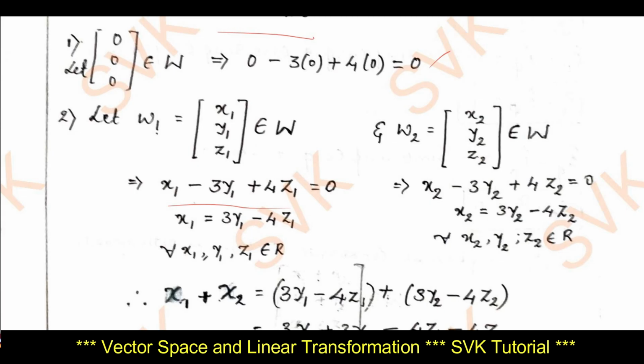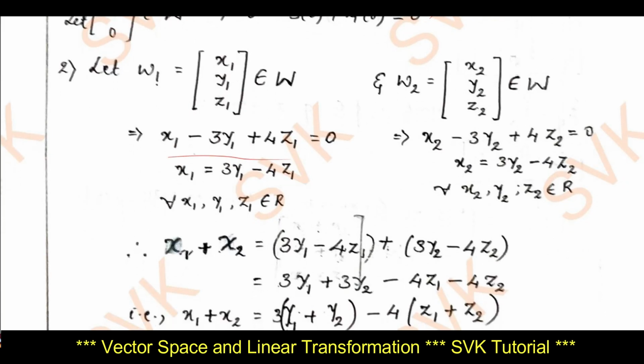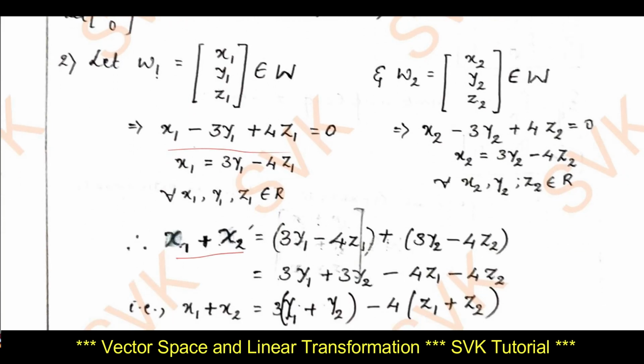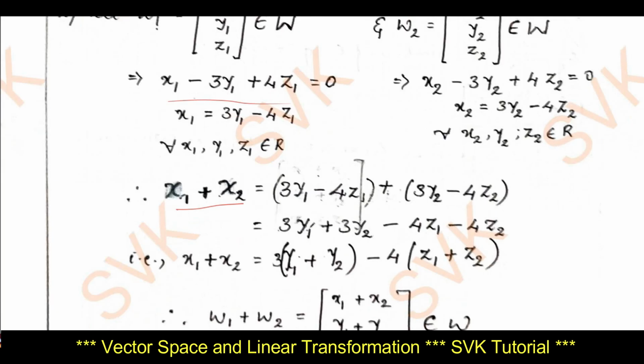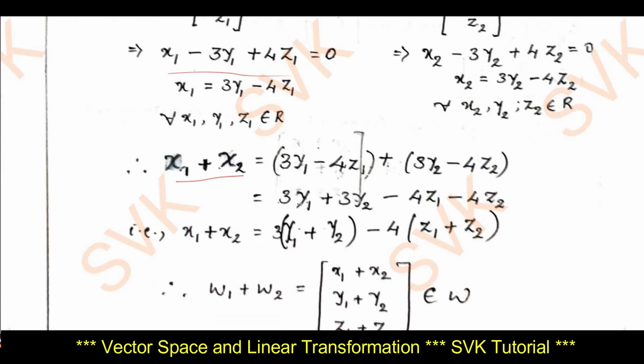Now I will consider x1 plus x2. I know what x1 is and I know what x2 is, so I am just substituting those two. Then I am separating the terms called y and z. This is the y part and this is the z part. From the y terms I have taken out 3 common, and from the z terms I have taken out minus 4 common.